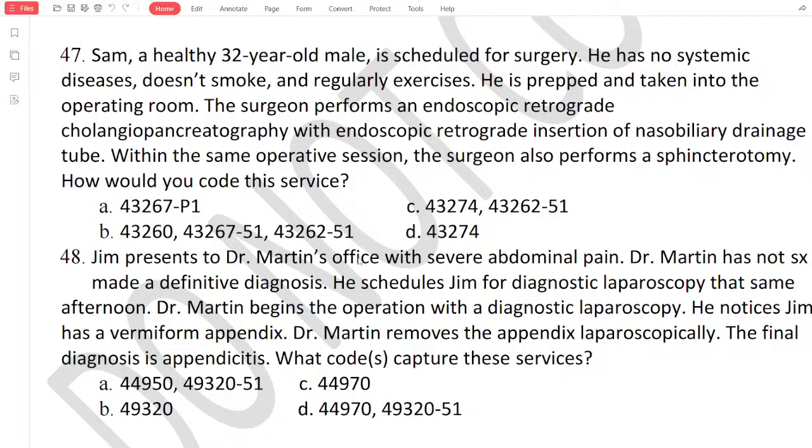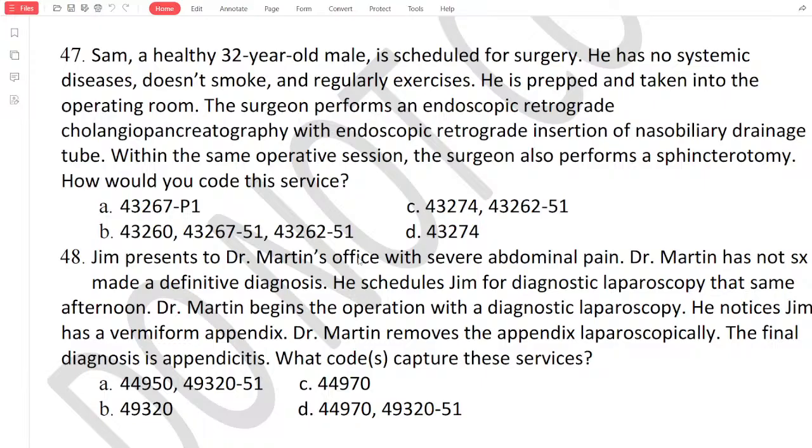47. Sam, a healthy 32-year-old male, is scheduled for surgery. He has no systemic diseases, doesn't smoke, and regularly exercises. He is prepared and taken into the operating room. The surgeon performs an endoscopic retrograde cholangiopancreatography with endoscopic insertion of a nasobiliary drainage tube. Within the same operative session, the surgeon also performs a sphincterotomy.